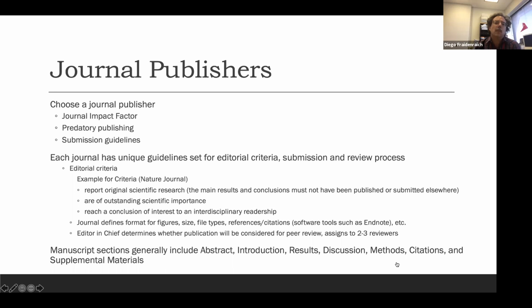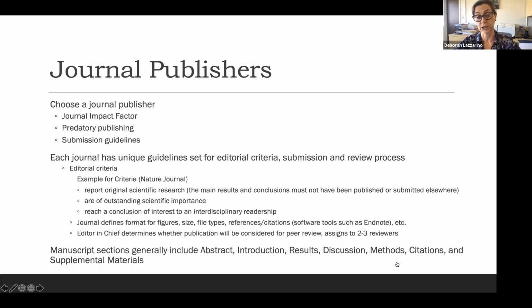And then you're going to look at the submission guidelines of a journal. Each journal has very unique guidelines set for editorial criteria, submission, review process, etc. Most, if not all, journals now are electronic in their submission processes, so it's actually a pretty efficient process. There's editorial criteria that are very generalized for all journals, but they are maybe a little bit specific.